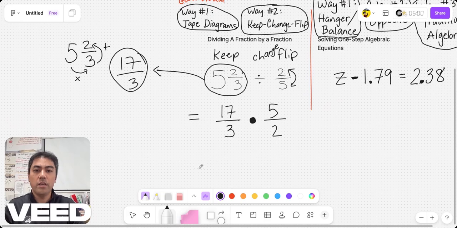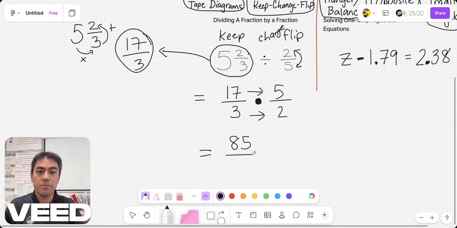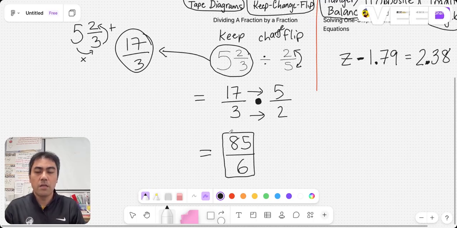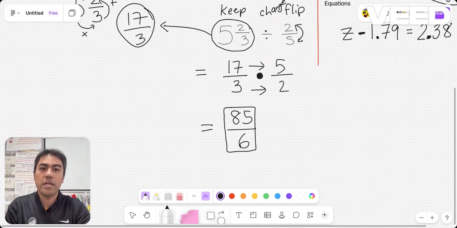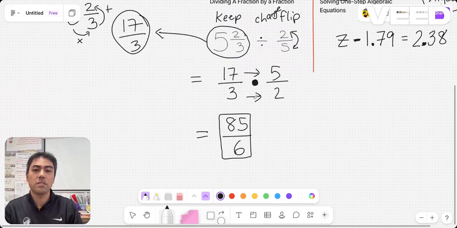Okay. Then now we're just multiplying two fractions, and when you multiply, you just go across. 17 times 5, 85. 3 times 2 is 6. Okay. Now, this is a correct answer. But many times, if you were taking a state test or a standardized test or any other test, you might not see this answer.